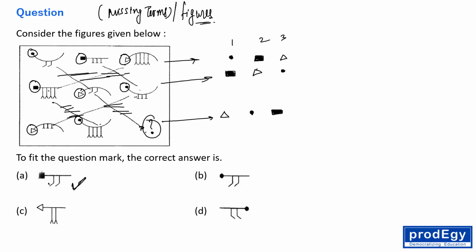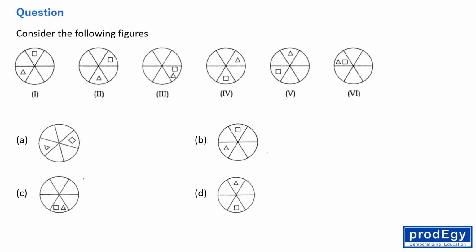Right? Okay, now let's talk about the next question. Next question, again, missing terms or missing figures, you can say. Reasoning one, right? Now, here the square is here, the square is here, then here.